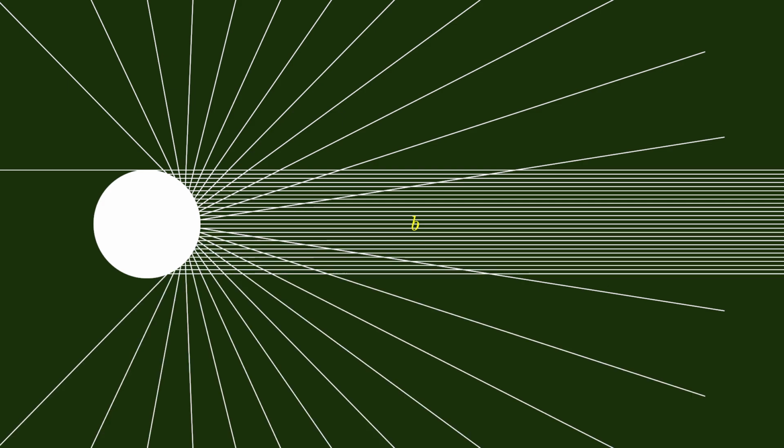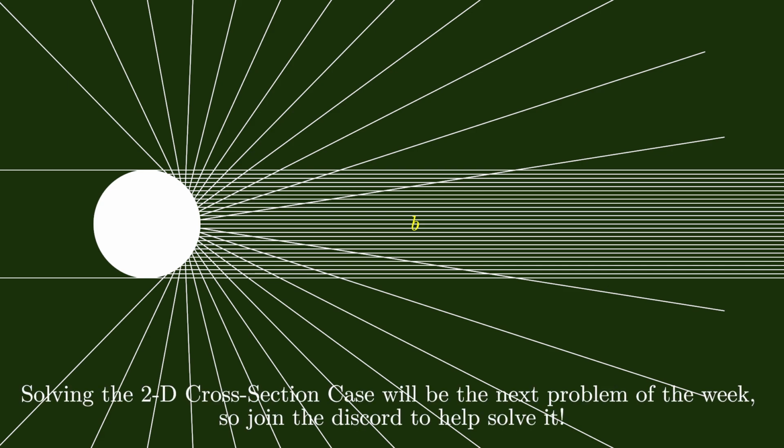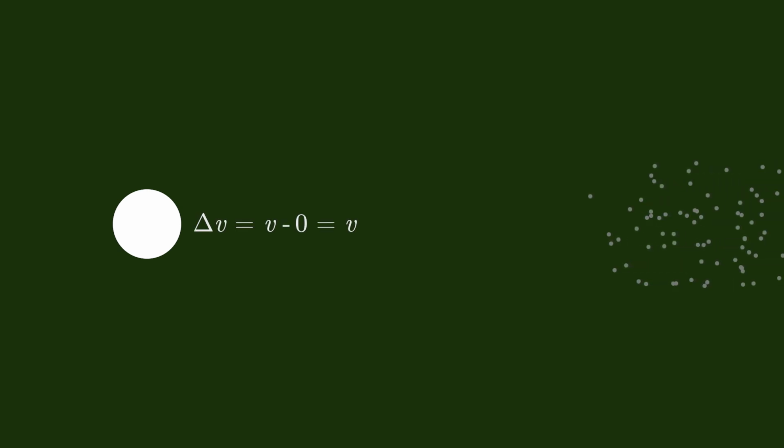For the one-dimensional case, it seems like there's a lot more motion in the forward direction. But if we make this particle stream 2D, it's actually isotropic, which means the angular distribution is uniform. That means the average velocity for a particle after collision is 0. Some of the times it'll bounce back fully, some of the times it'll just go through. But even if the particle's velocity never actually is 0, on average, over all collisions, it is. This is because we're looking at the velocity and not the speed. This means the particles, after bouncing off, have an average change in velocity of v minus 0, or just the initial velocity v.